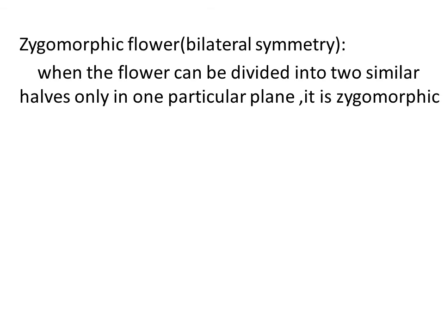2. Clear? So only through one plane we can divide the flower into two similar halves. Clear? Such a kind of symmetry is said to be zygomorphic symmetry. Examples of flowers showing zygomorphic symmetry are cassia and pea.